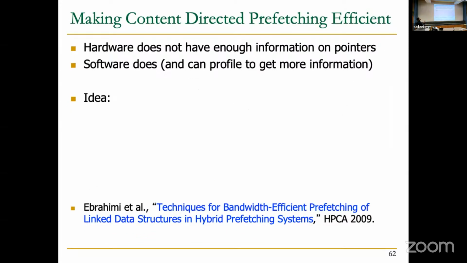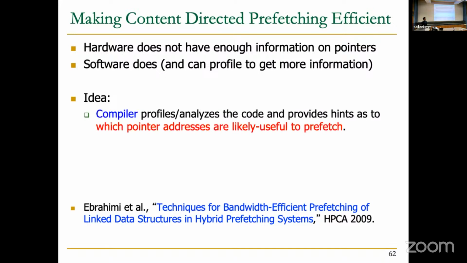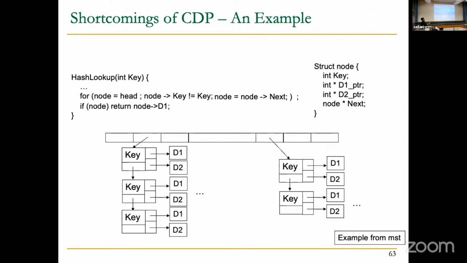But the problem here is, if your cache block has multiple pointers, are you going to fetch all of them? That's a problem, right? For example, here we are showing an example: this is a hash lookup for the minimum spanning tree algorithm on a graph. It has a linked list traversal, and every node also has D1 and D2.